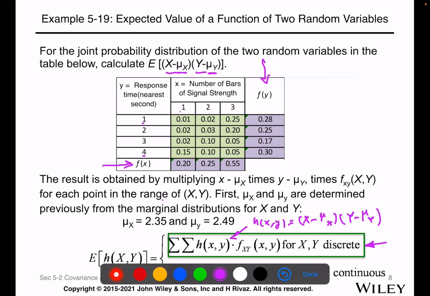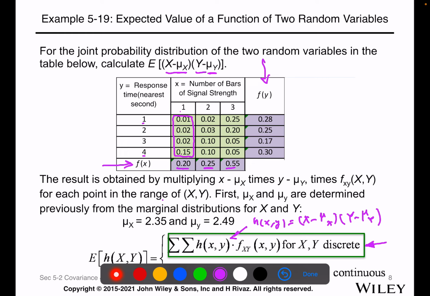To calculate f of x, all I have to do is add up these 4 numbers. If you add up those 4 numbers, you get 0.2. And similarly for the other cases. This means that probability of x equal to 1 is 0.2, probability of x equal to 2 is 0.25, and probability of x equal to 3 is 0.55.